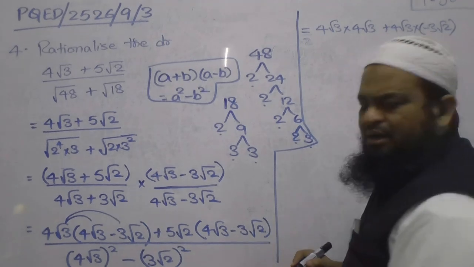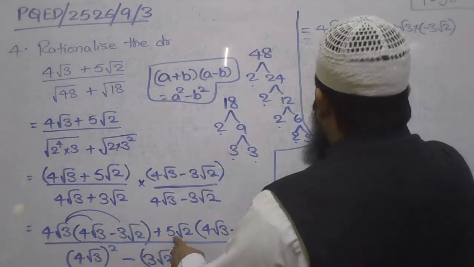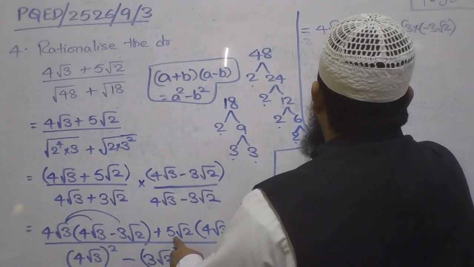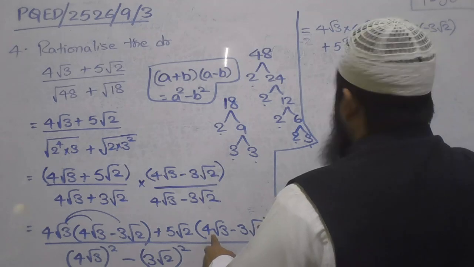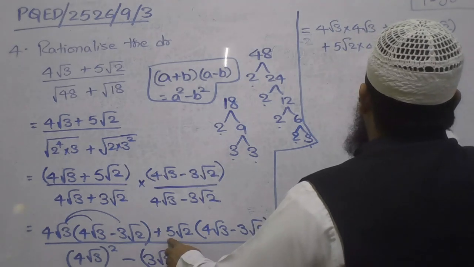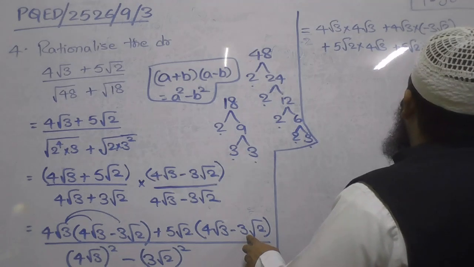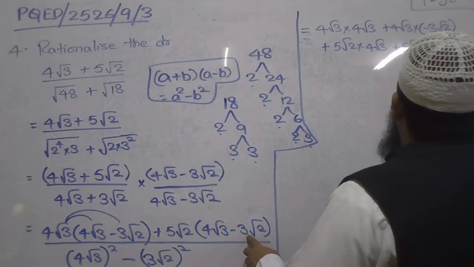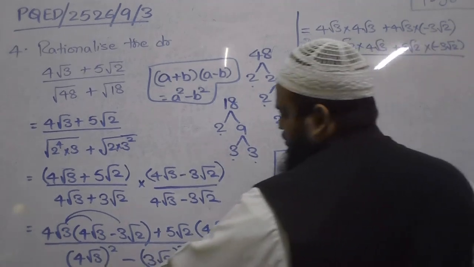Is it right? After that, since I don't have place, I am writing over here 5 root 2 multiplied by 4 root 3 and plus 5 root 2 multiplied by minus 3 root 2. Okay, divided by a square.